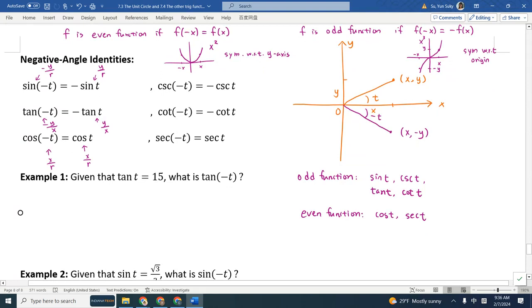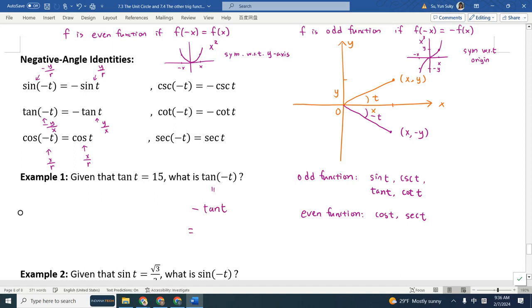Now, given tangent t is 15, what is tangent negative t? Does tangent eat the negative sign? No, it does not eat the negative sign. So it equals minus tangent t.